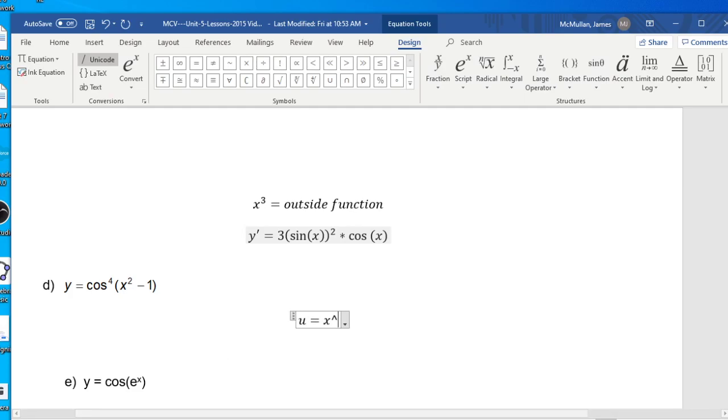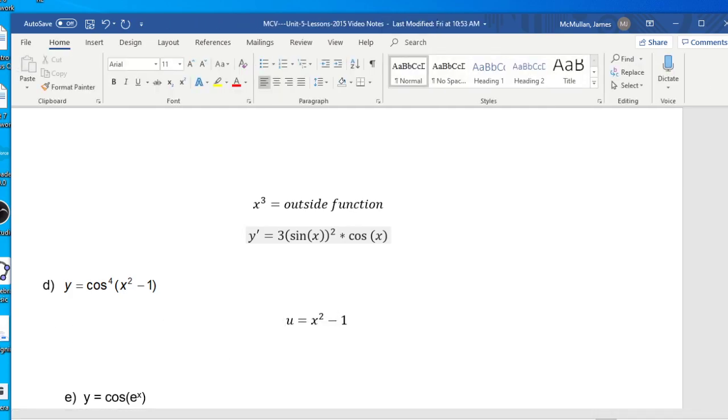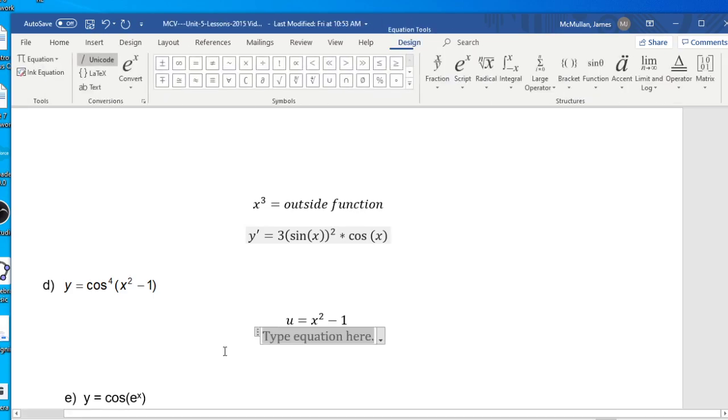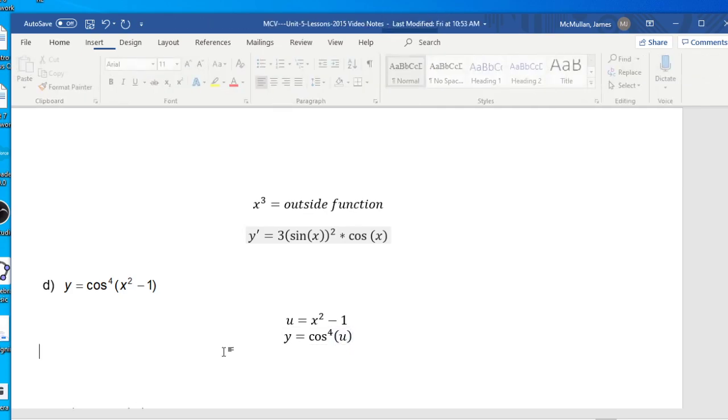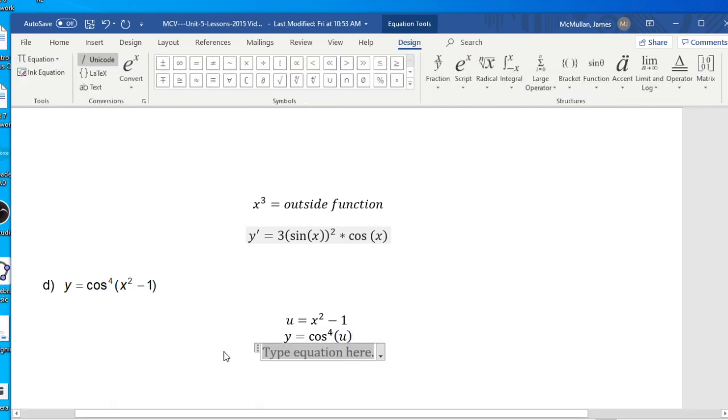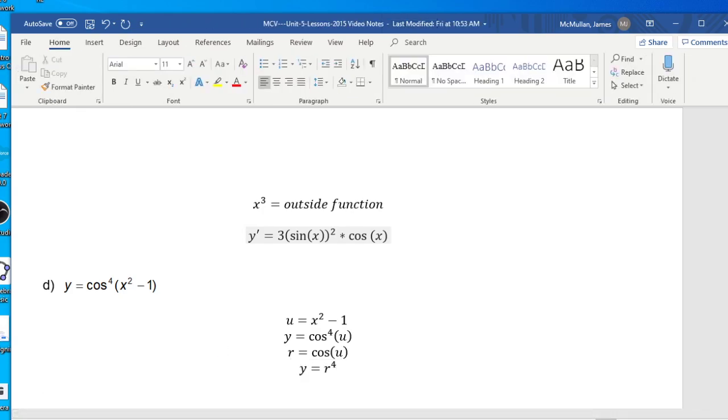So first of all, let's say u is x squared minus 1, okay, and therefore what we're actually doing is y equals cos to the 4 of u, right? And now let's make another substitution. Let's say r is equal to cos u. Then actually y is simply equal to r to the power of 4, right? So let's just go through that one more time. The inside of the inside function is x squared minus 1.